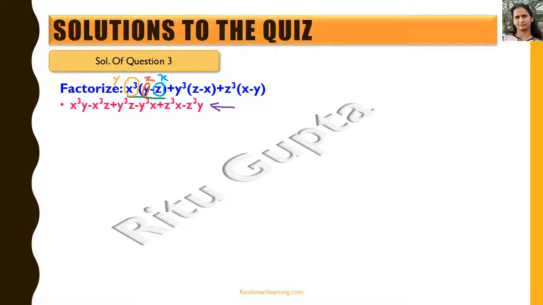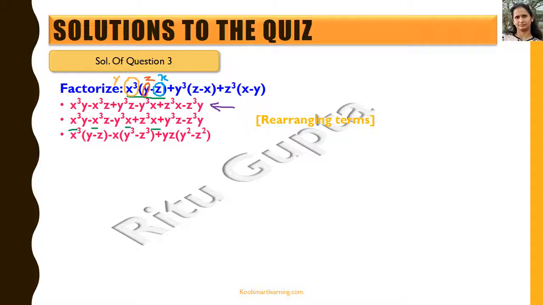So we'll use the techniques that we used in factorizing the cyclic expressions. As we said, we'll rearrange the terms according to the decreasing powers of one variable. In this case, we've chosen the variable as x. So we keep the x cube terms first, then the terms which have a degree of 1 for x, and then the terms which have no x in them.